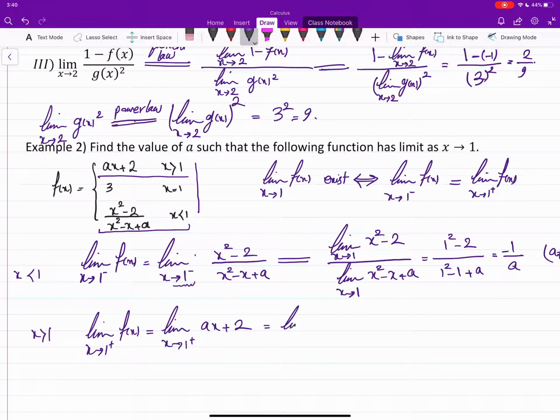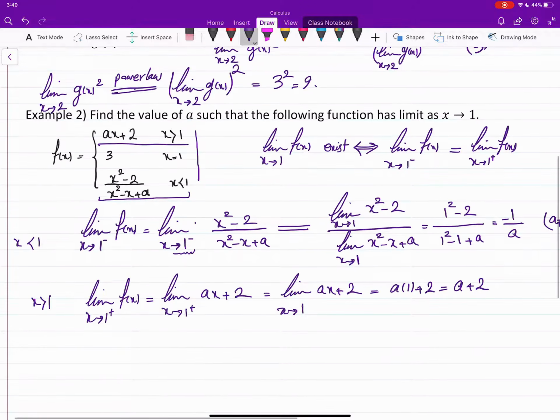And this is a polynomial. It has a limit, and since it has a limit, the left limit and the limit itself are going to be equal. Then direct substitution: for polynomials, the limit and direct substitution give us the same thing. So this is a plus 2. So we found the left limit is negative 1 over a, and the right limit is a plus 2.